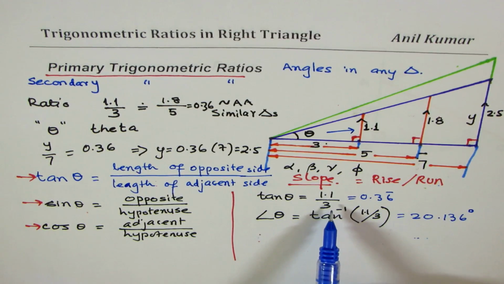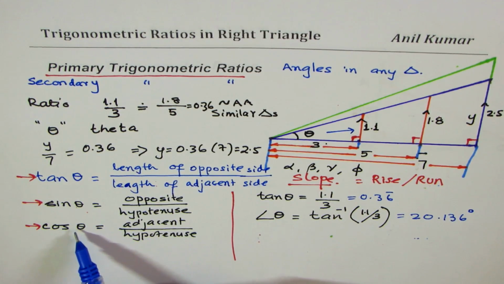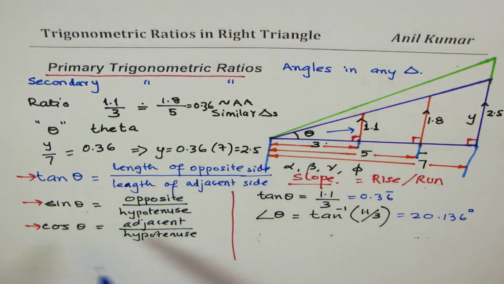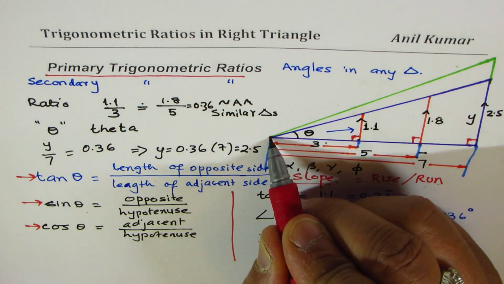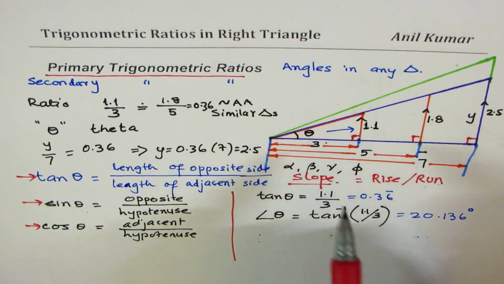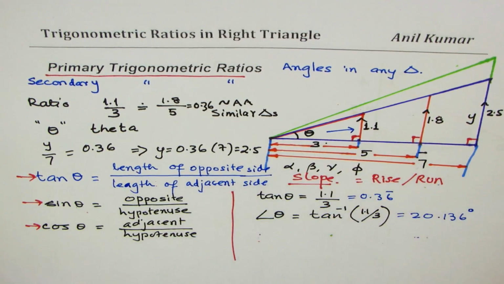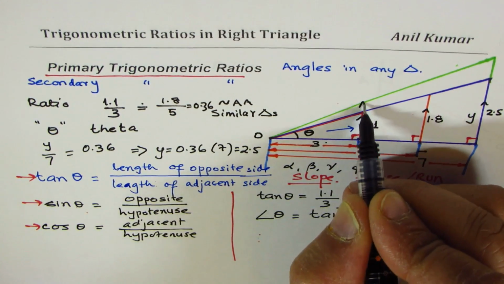Now, as an exercise, you could find the value of sine and cosine theta. We'll use the Pythagorean theorem to find the hypotenuse, and then we can find sine and cosine theta. So let's do it. We will use the Pythagorean theorem to find this particular hypotenuse for the smaller triangle, opposite side 1.1, adjacent being 3. In this case, let me say that this place is O and that is A for us.